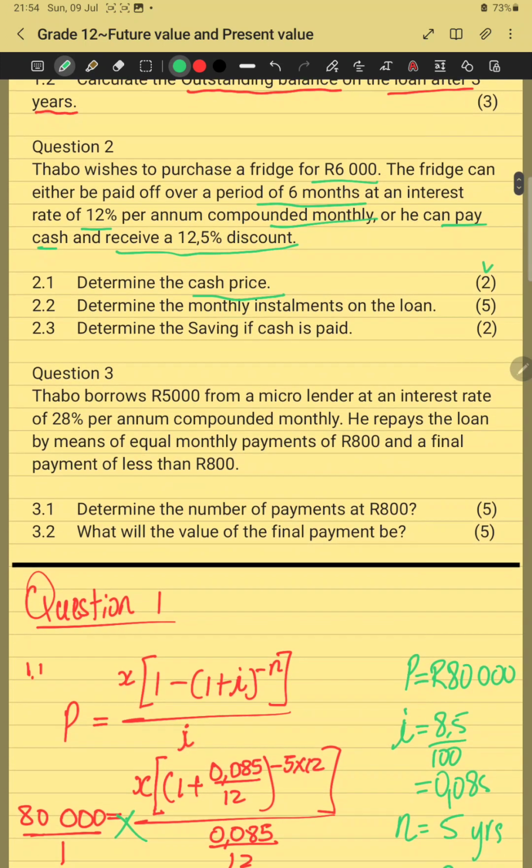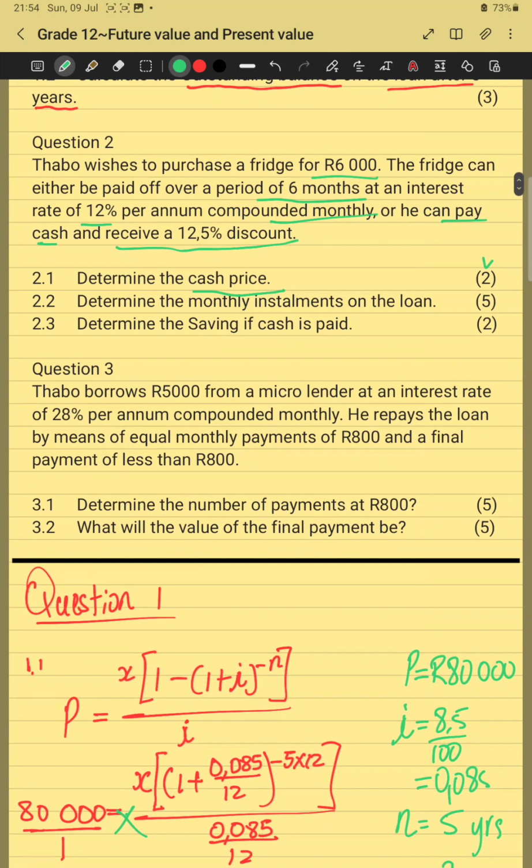Okay, then what we are going to do here is use that amount, which is that 6,000, and you say 6,000 minus 6,000 times that 12.5. Because we want to check what the cash price is if he can just pay cash and receive a 12.5% discount.